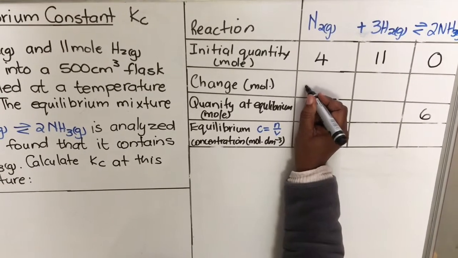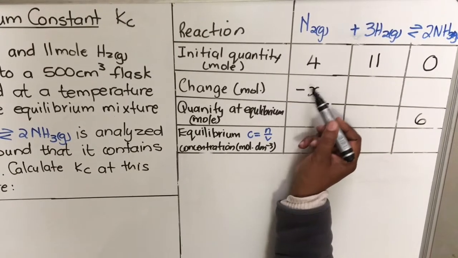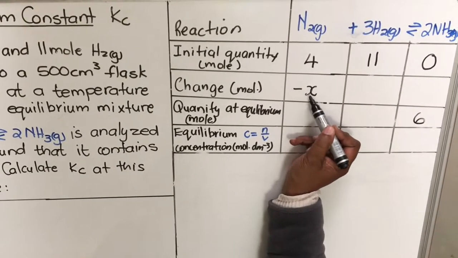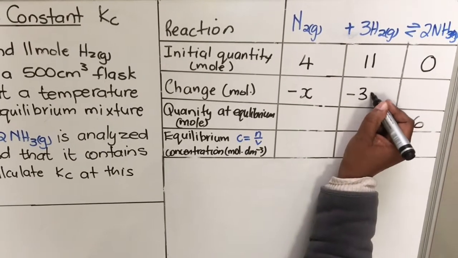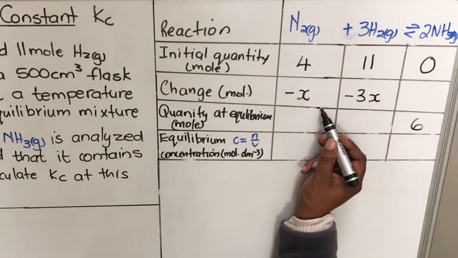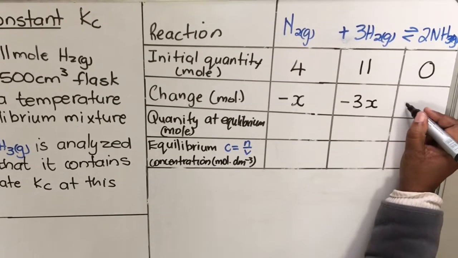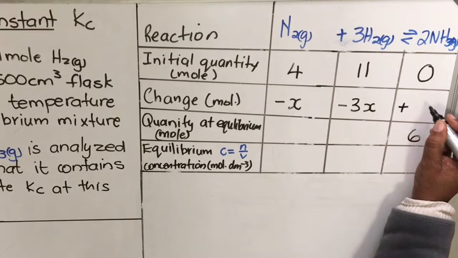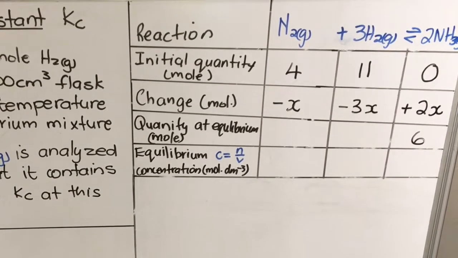Because they react, these will reduce: 1 mole of nitrogen, and 3 moles of hydrogen. So you just write x, and we'll find what x is. And here the ammonia is formed.